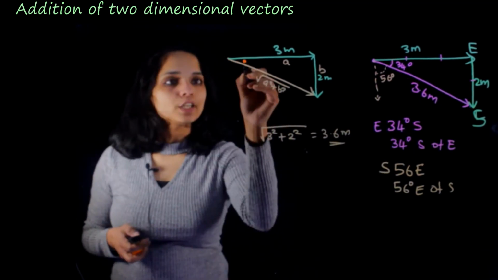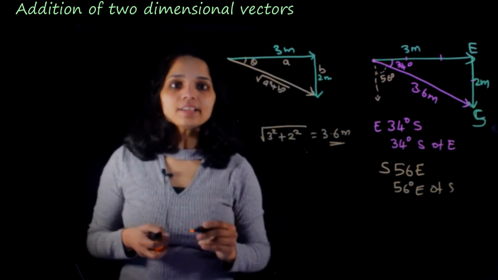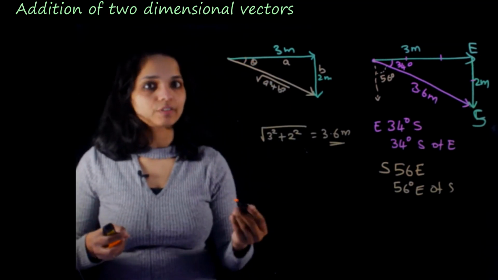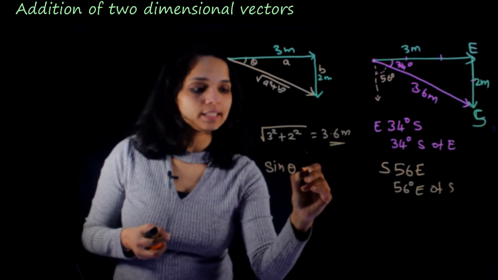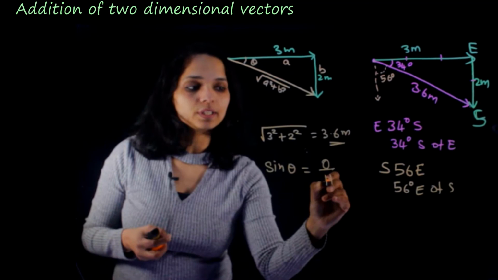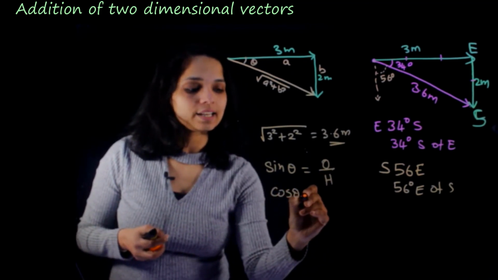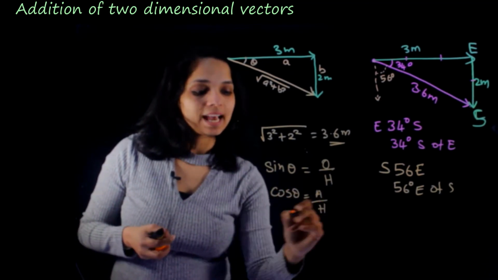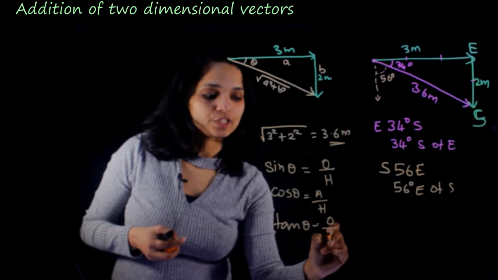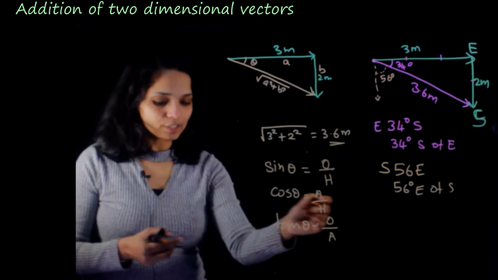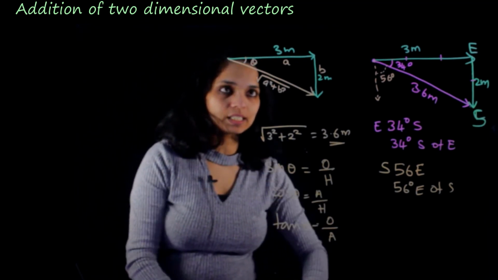And then you need to find this angle. For that, you can use any of the trigonometric ratios. There are 3 different ratios you can consider: sin theta is opposite side over hypotenuse, cos theta is adjacent side over hypotenuse, and tan theta is opposite side over adjacent side. Let's use the last one, which is quite easy here.